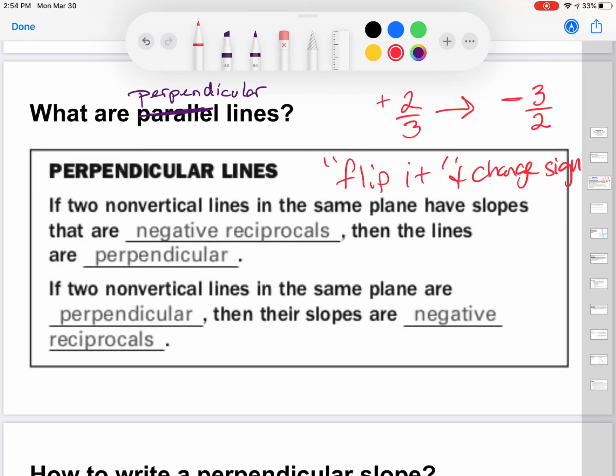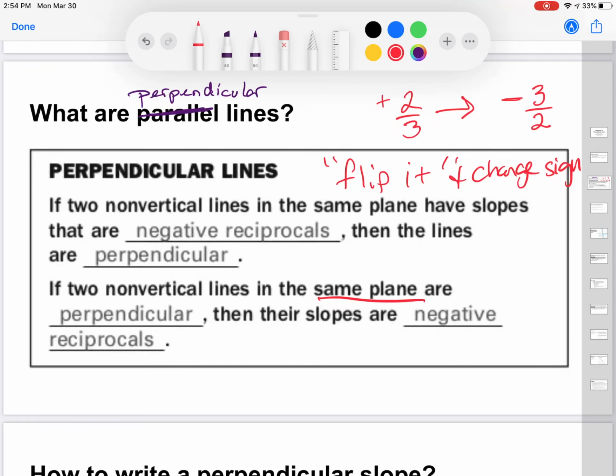If two non-vertical lines in the same plane, okay, they have to be in the same plane. That's a geometric specification. And a plane would be like your sheet of notebook paper laying on a desk. The lines on your notebook paper are parallel lines, and they lie in the same plane on that same sheet of paper.